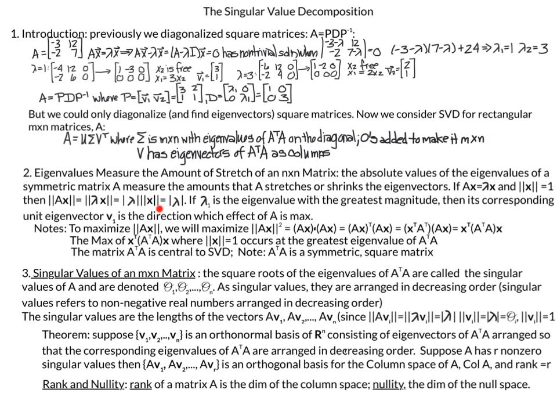And then we can study the magnitude of Ax. Usually we study the norm of Ax squared, which gives us, through this calculation here, x transpose A transpose A x.